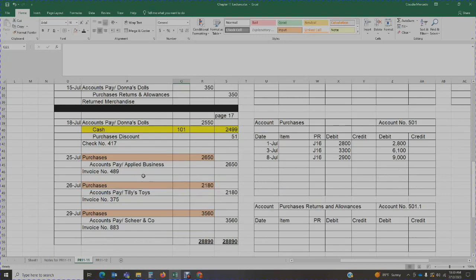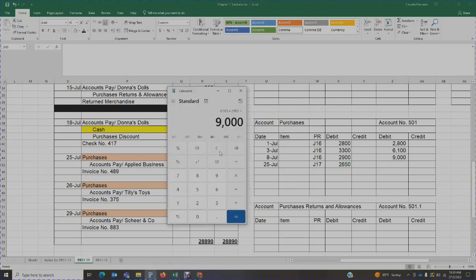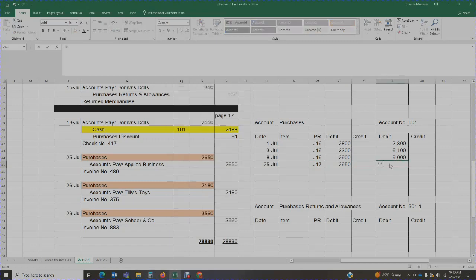Same process. Now we're moving on to page 17. We have a transaction on July the 25th. We've got journal 17 and an entry for $2,650. 9,000 plus 2,650 gives me 11,650. I'm going to enter a 501 here.